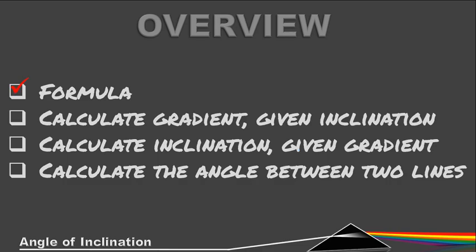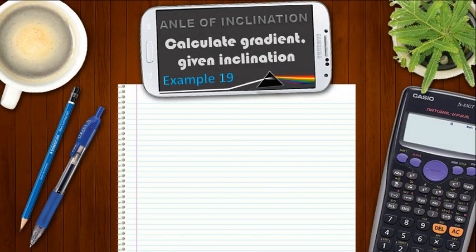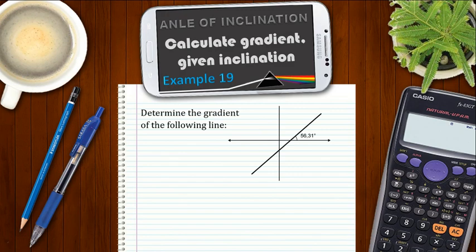Right, so let's look at how to calculate the gradient when we're given the inclination. So for example 19, determine the gradient of the following line. So we are simply going to use our formula where tan theta is equal to the gradient. So the gradient will just be equal to tan, where I substitute in the angle.